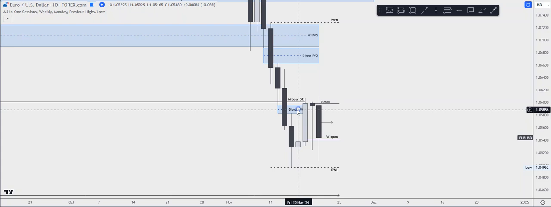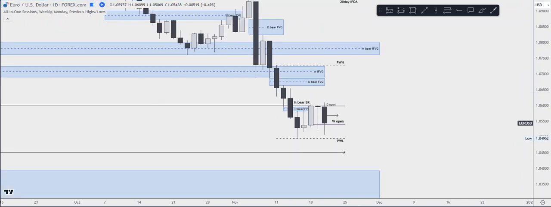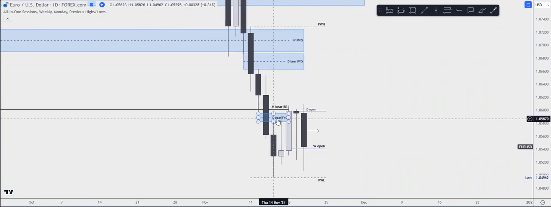So I already mentioned this to you guys. If you see that you have, let's say in this case, a daily, weekly bearish momentum, then you want to see daily, weekly levels to be tagged in, because this is confirming the order flow for you on the higher time frames.